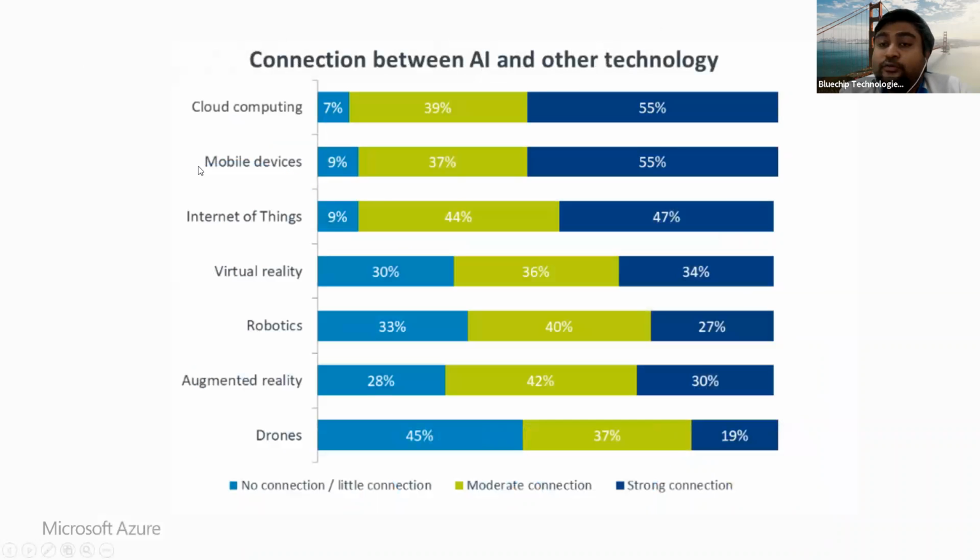Here you can see the connection between AI and other technologies, for example cloud computing, mobile technology, VR, and IoT. AI is interacting with more and more technologies every day, so we cannot avoid this technology.